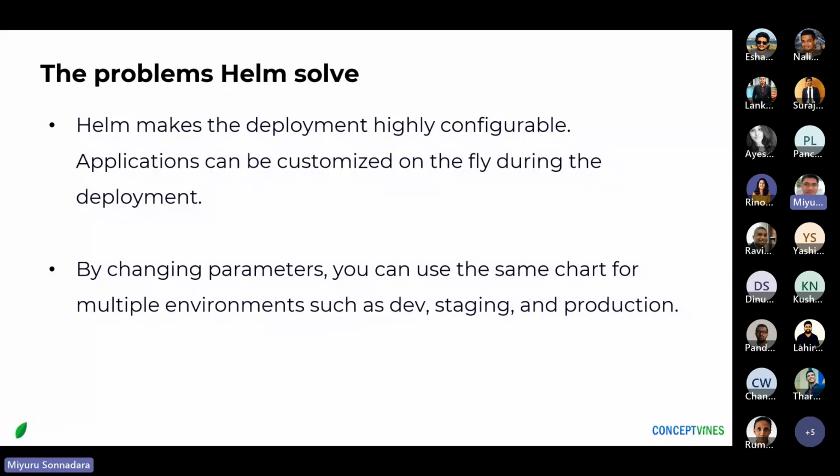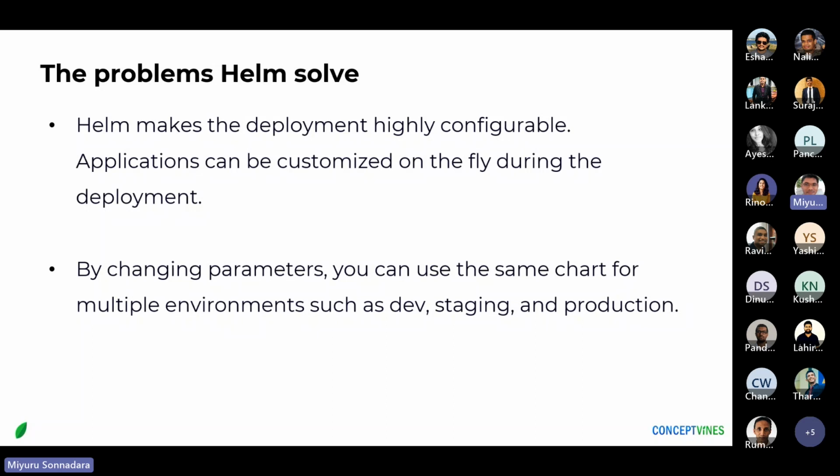And because of the ability to define variables within these templates, which we'll have a look at in a bit, Helm makes deployments highly configurable. As long as you have variables defined and you specify correct values for the appropriate variables, all you have to do is pass those values in the install command itself.